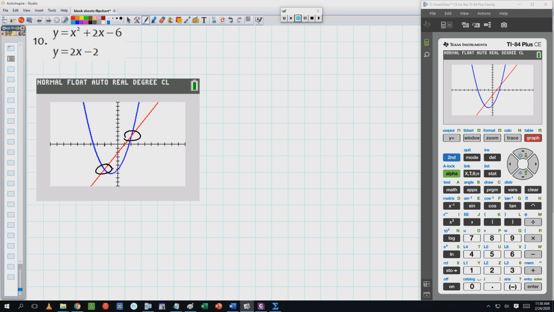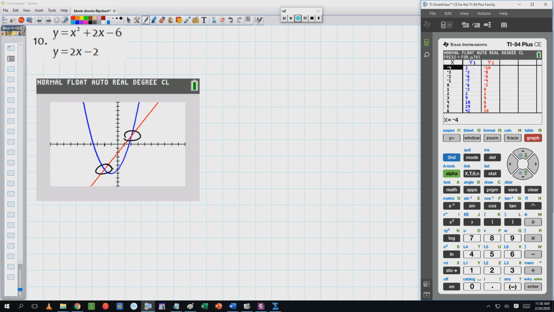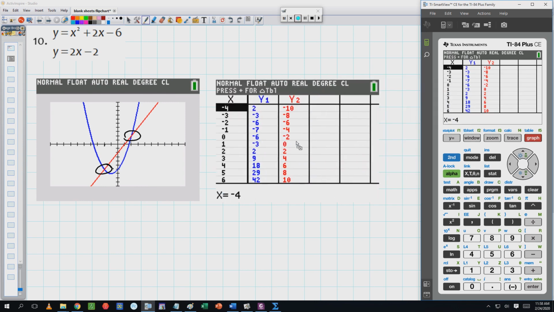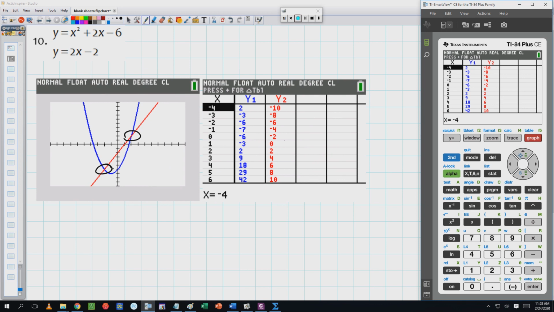I like the table method, but the table method doesn't always work. But I'm going to try the table. I see -6 here and here, and 2 here and here. So my solutions are going to be -2, -6, and 2, 2.